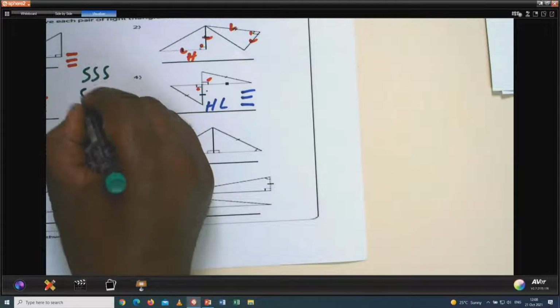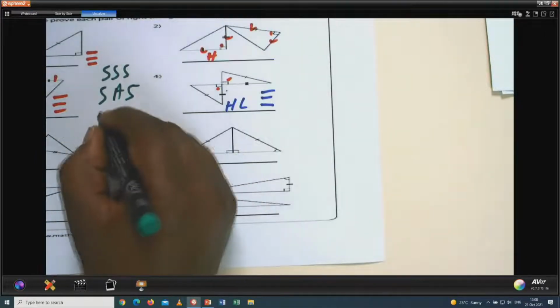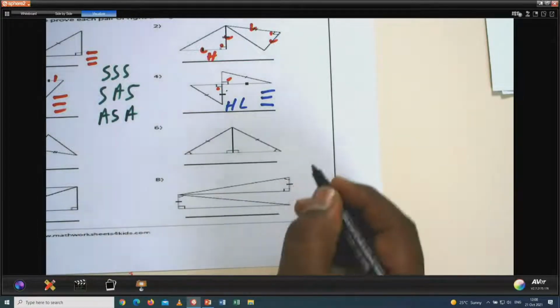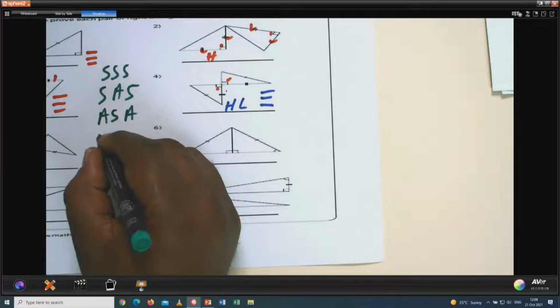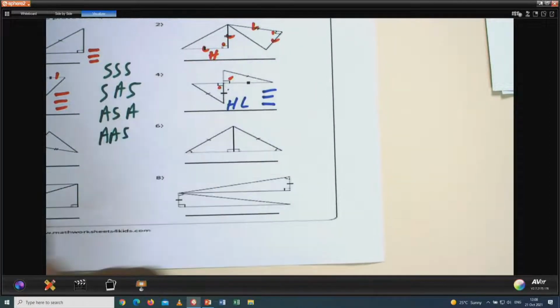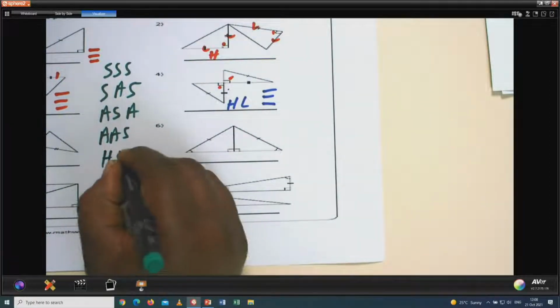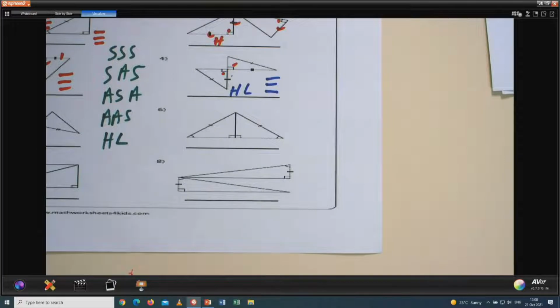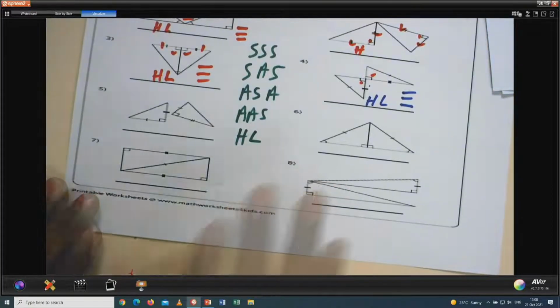We're looking for side, included angle. We're looking for angle, included side and angle. We look for angle, side. We look for hypotenuse and a side. Those 3, you are always looking for those to say whether a figure is congruent.